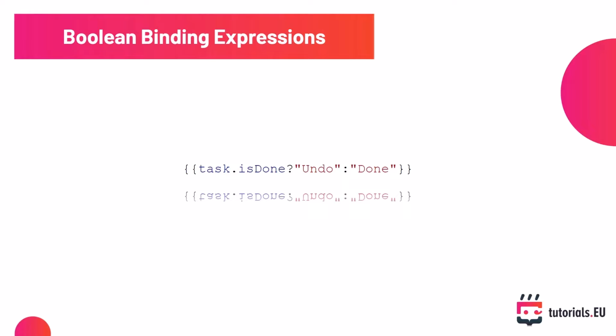We can also write Boolean expressions like this to conditionally write a string somewhere, for example. So let's switch over and do it like that so that we can change the text from a task which is done to be undo. And if it's not done, then the text should be done for sure.